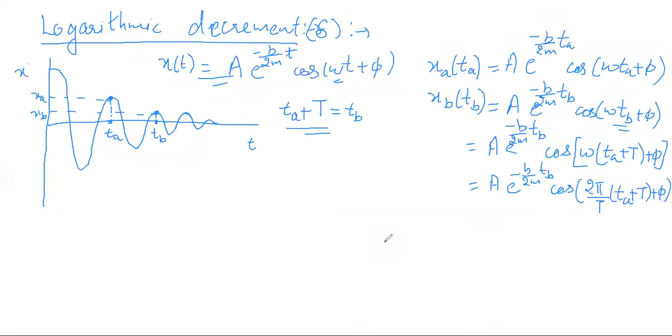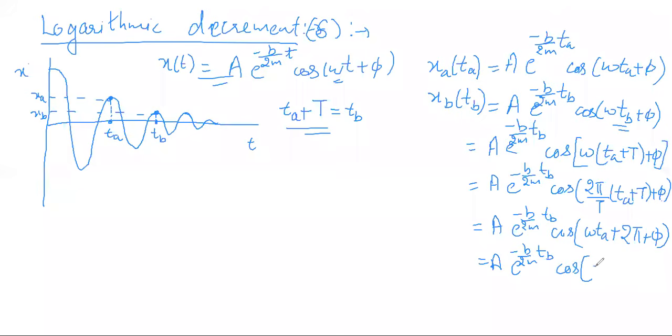I can write it in this way also. Now, I can further write it as A e raised to power minus B upon 2m TB cosine of 2 pi by T multiplied by TA. I'm going to move it back to omega times TA plus 2 pi by T multiplied by T. T will cancel each other out. You will have 2 pi here plus phi. I can rearrange it further.